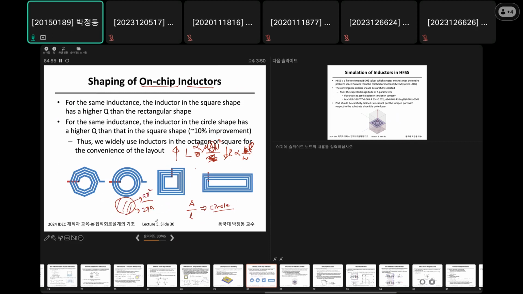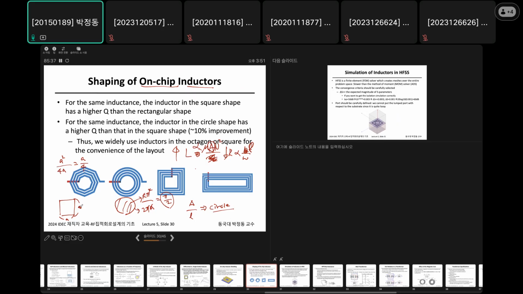So the ratio is just r over 2, okay? Let's talk about the square. Let's say this is the area. So the area is a squared, right? Total length is what? 4a, right? So this is a over 4. A over 4, okay?